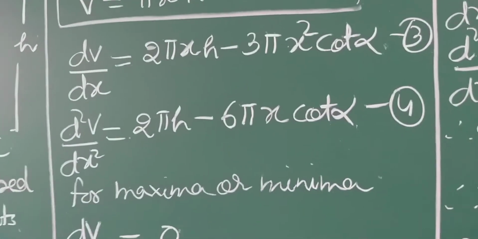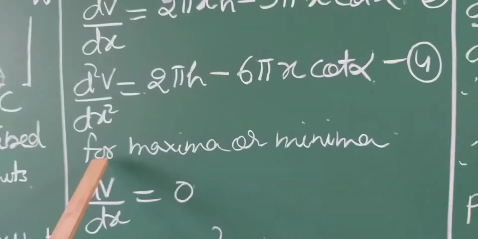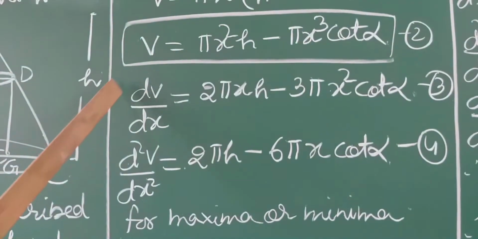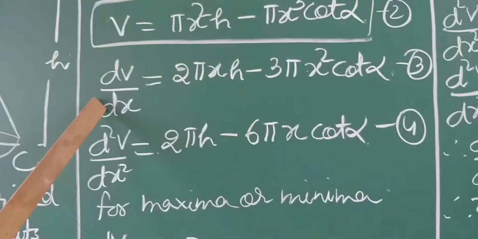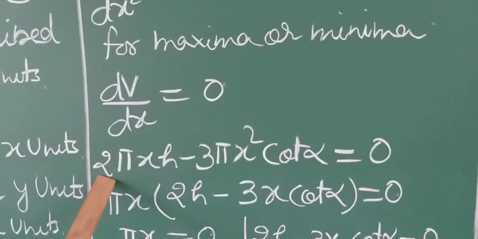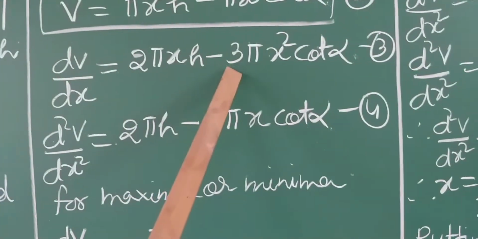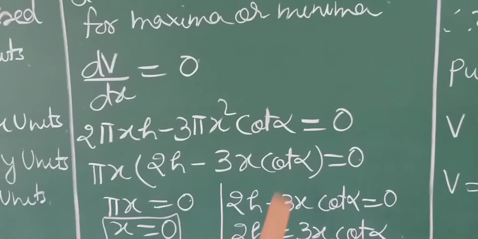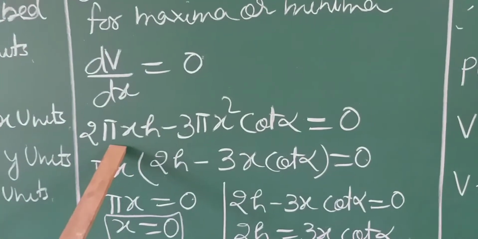This is equation 4. Students, for maxima or minima, we have to put dV upon dx equals 0. So 2 pi xh minus 3 pi x square cot alpha equals 0. So pi x is common.